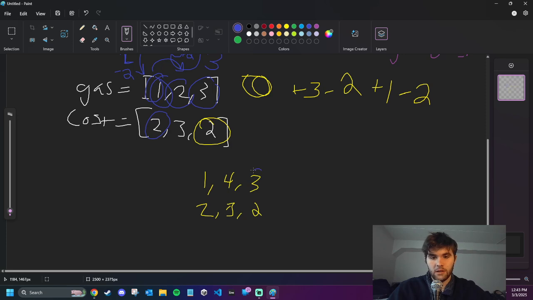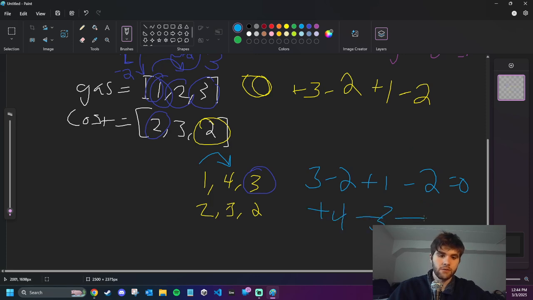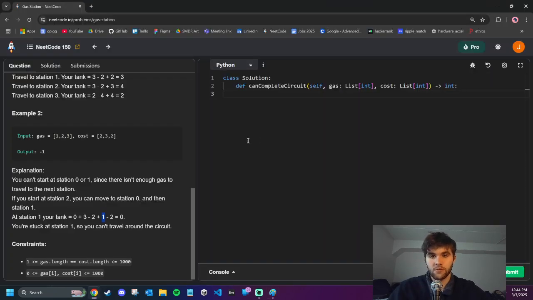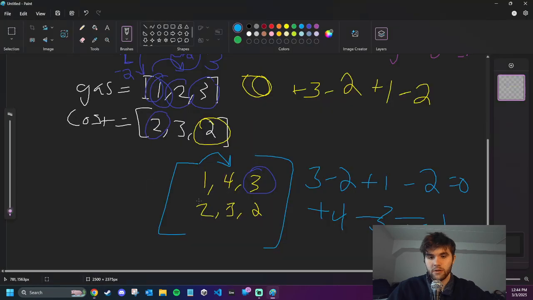And if we started here, so everything will be the same. It'll be 3 minus 2, this 2, plus 1 minus 2, and this will be 0. But this 2 got us to this one, and then we would do plus 4 minus 3 equals 1. So my understanding of the problem is that this should return true.